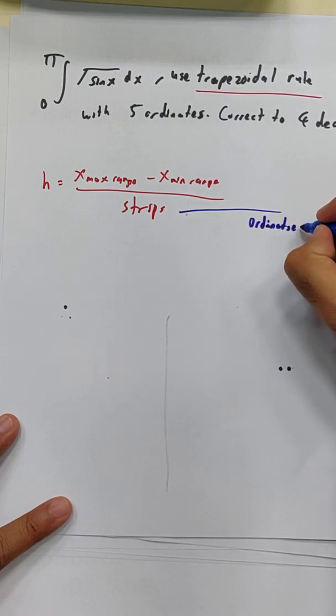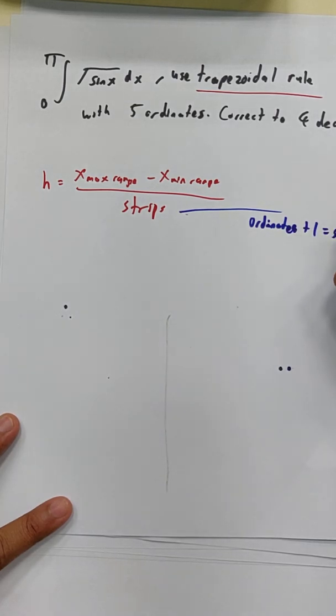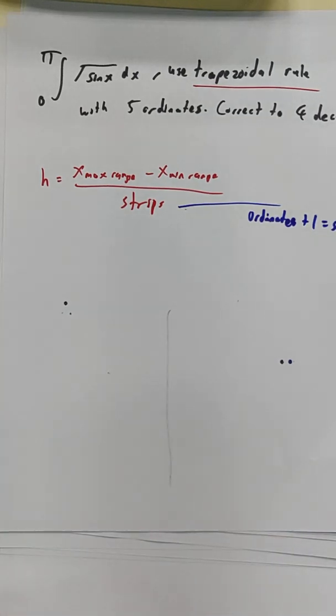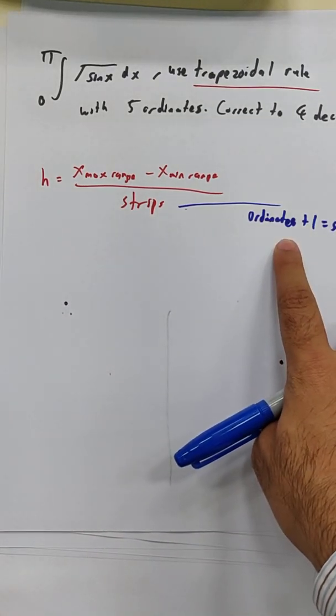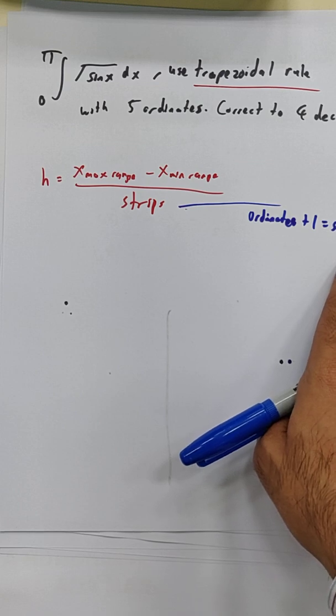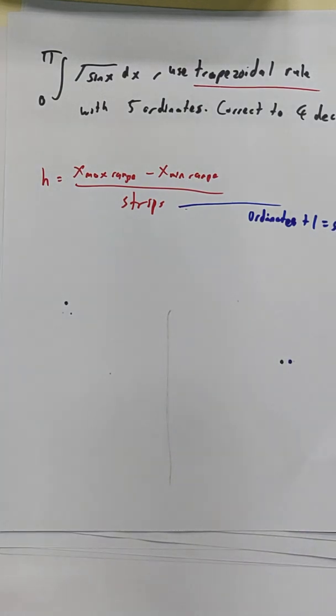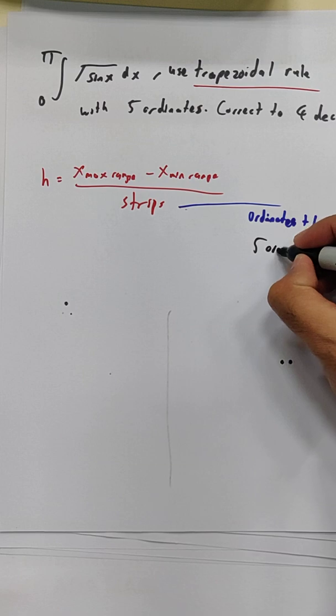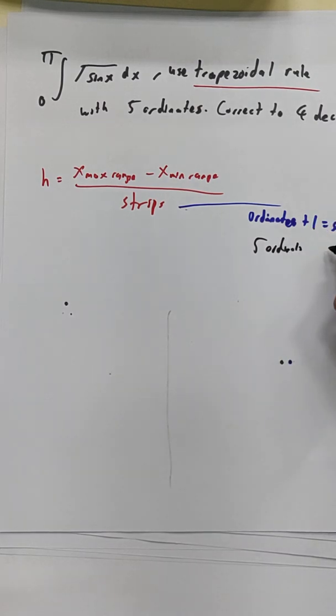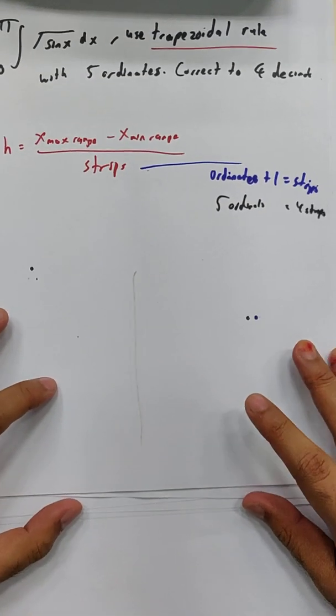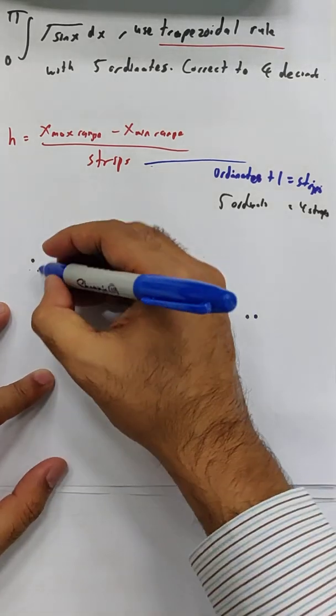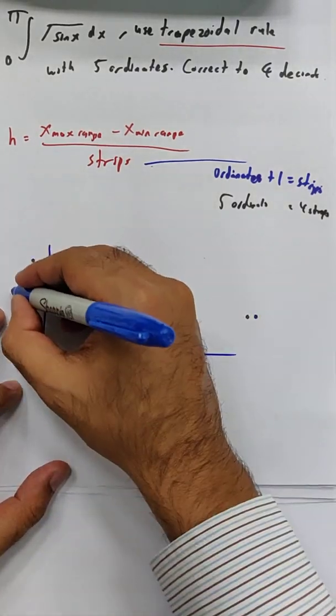Ordinates plus 1 equals strips. That means if there are 5 ordinates, how many strips? If there are 5 ordinates, 4 strips. Remember, you want to get yourself into this table.